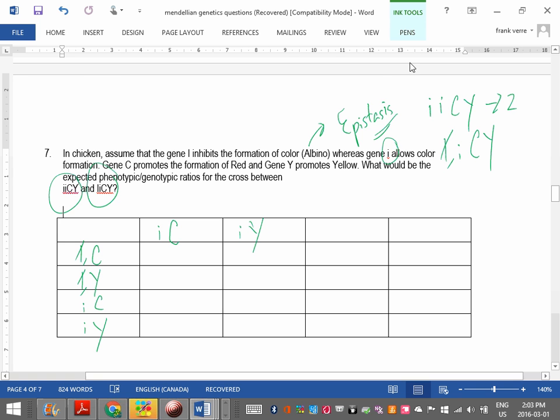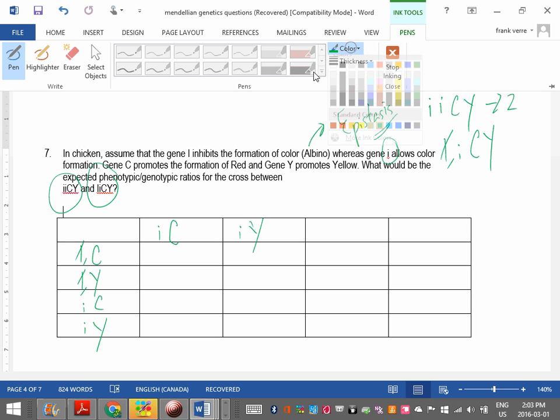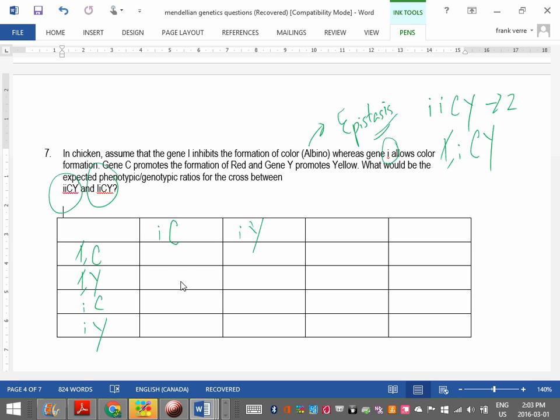Okay, so let's work out what we got. So we got here, we have big I, big C, big C. Look, what does it say here? Little i allows for color, and big I is what? So, what do you see here? Right, these ones, it doesn't matter what you put down.